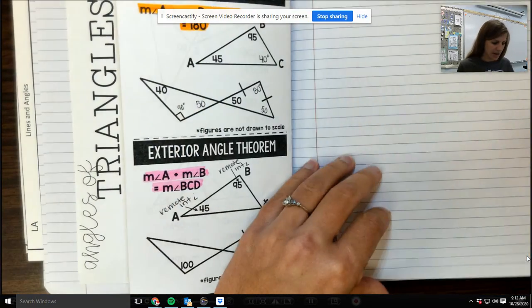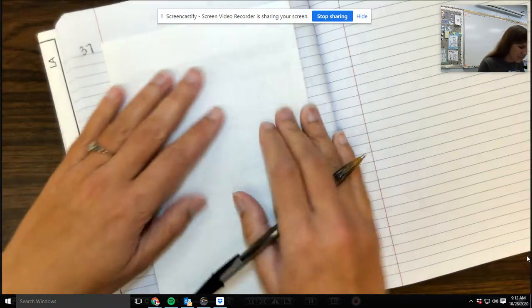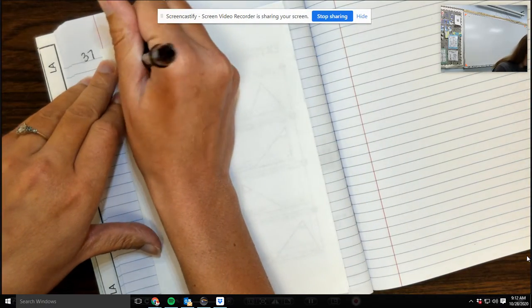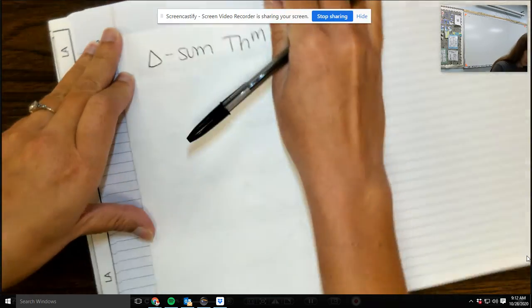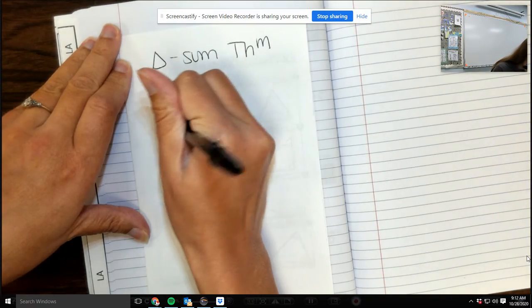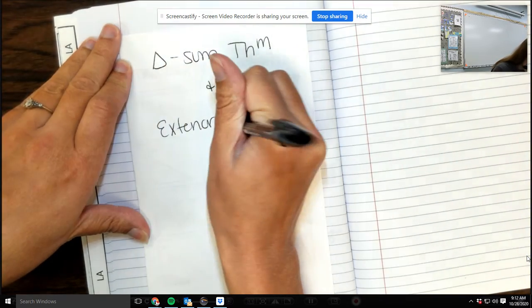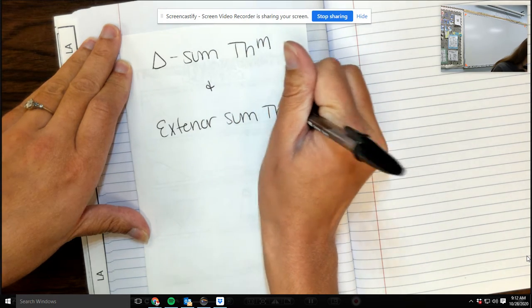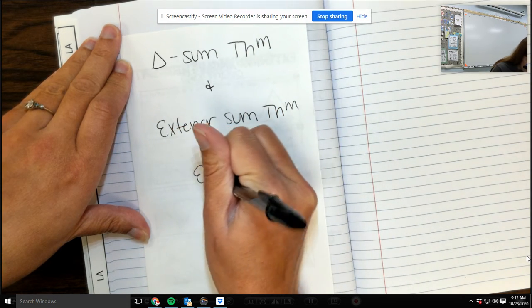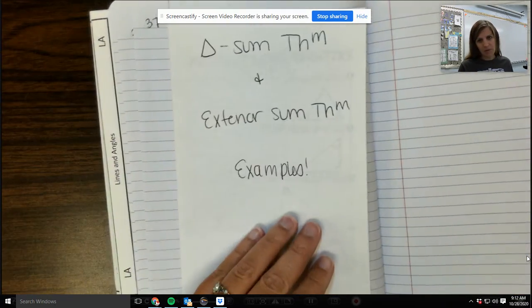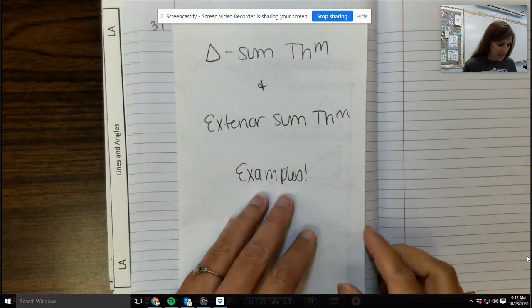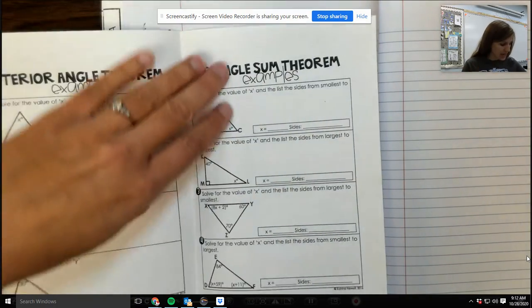So on 37, we'll say that this is triangle sum theorem and exterior sum theorem examples, just so we know what we're looking at. Okay, and maybe we won't do all these, we'll just do a few, because I don't want you to feel like we're being redundant.